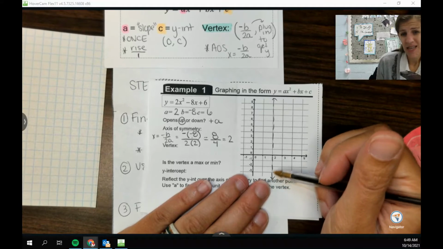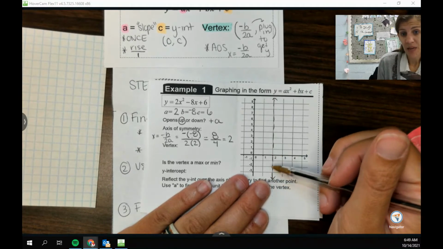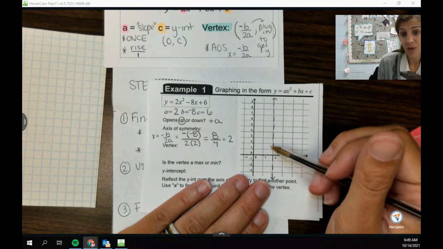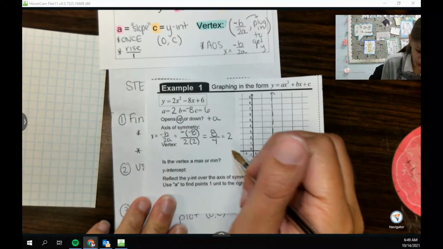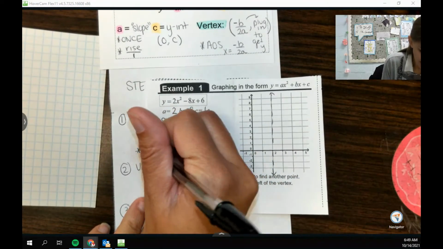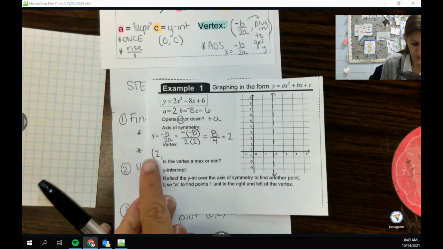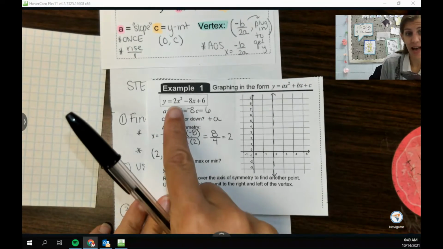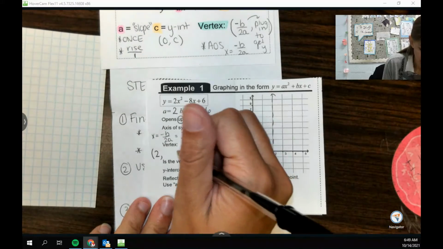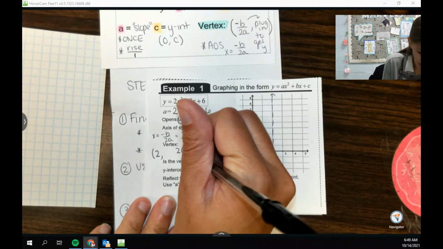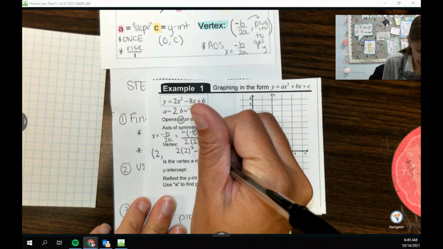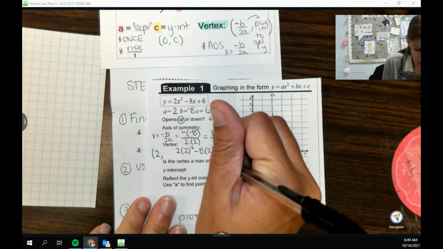I also know that somewhere along this line, either real high or real low, is going to be the vertex. So to find the vertex, part of it is 2. The y part of it I have to plug in to figure out. So what we're going to do, 2 times 2 squared minus 8 times 2 plus 6.